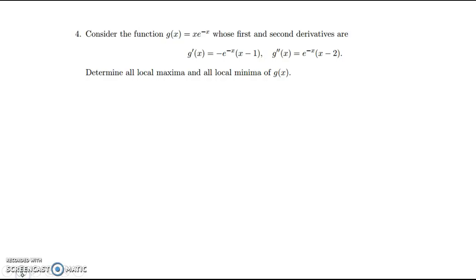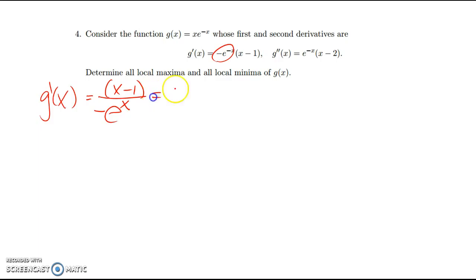All right, moving on. Consider this function. Determine all the max and min. So I like to look at these. I'm going to take g prime of x. I'm going to write it like this, x over 1, and this thing I'm going to move down because that's what the negative exponent does for me.